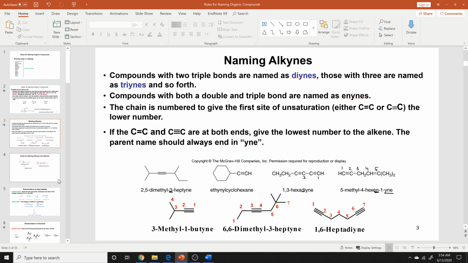So the lowest number always goes to the alkene if the triple bond and the double bond are on the same side, on both ends. So if I had a triple bond here, and a double bond in there, I would start numbering by giving the double bond the lowest number, and then my ending is going to be yne.